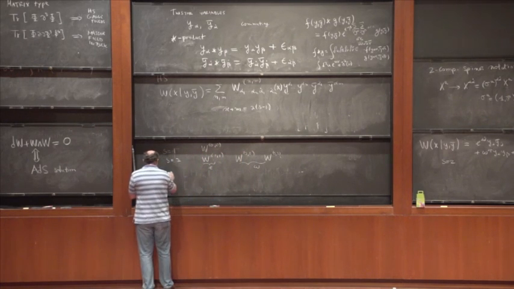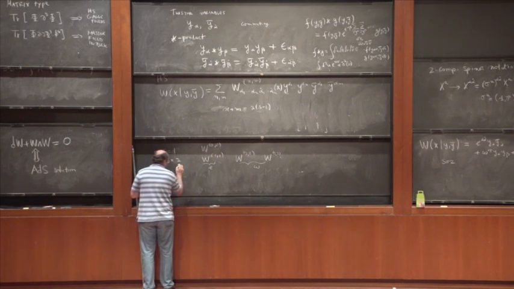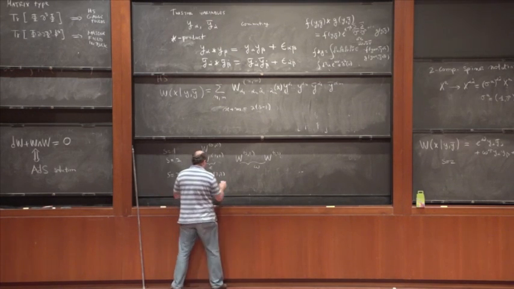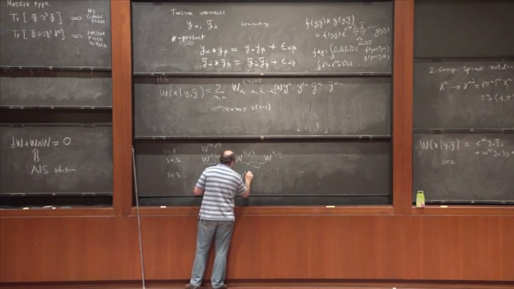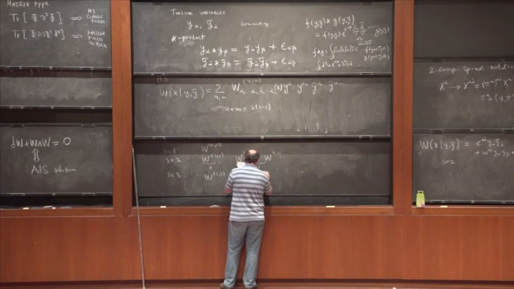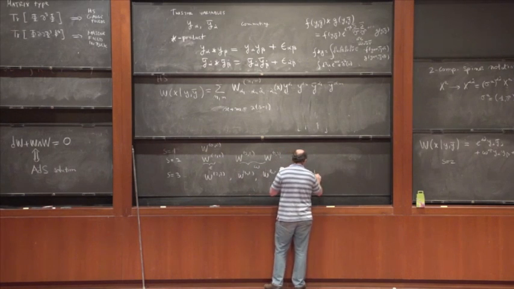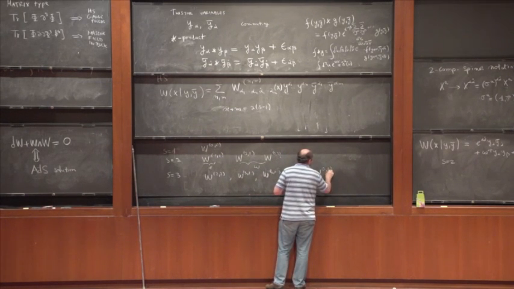Now for a higher spin, for example spin 3, you'll have 2,2, 3,1, 4,0, 1,3, 0,4.